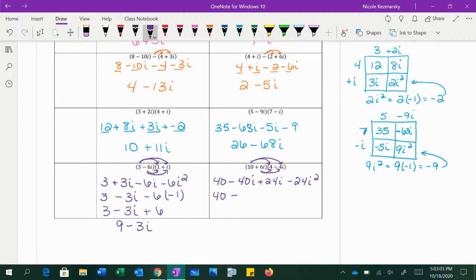Then we're going to have negative 40 minus 24, so that's going to be negative 16i. And then minus 24 times negative 1. We're going to make that i squared a negative 1 all the time. So we've got 40 minus 16i plus 24. And 40 plus 24 is 64. And then minus 16i.